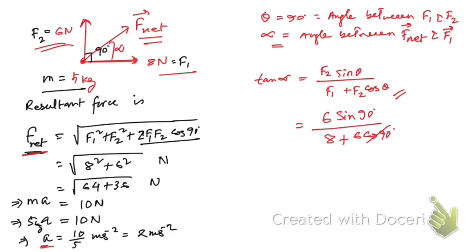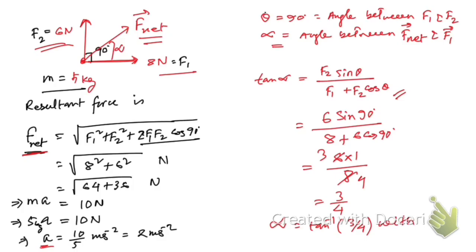Now 6 into sin 90, which is 1, so 6 into 1 divided by 8, that is 6 by 8. Let us cancel it by 2. So we have got 3 by 4. Therefore alpha will be equal to tan inverse of 3 by 4 with the force F1. So this is the direction of acceleration.